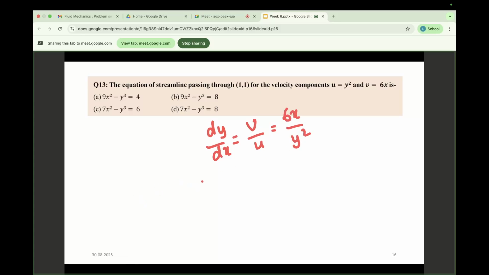Now I can take y square with dy and 6x with dx, right? Now I am integrating this.